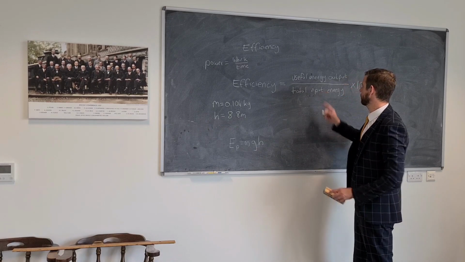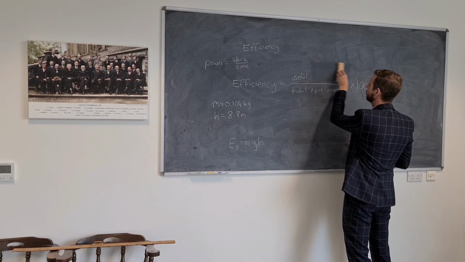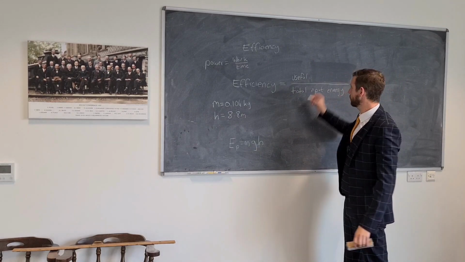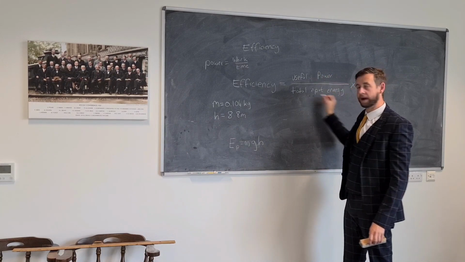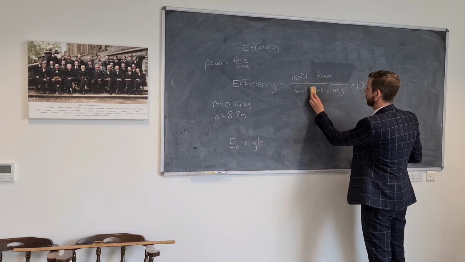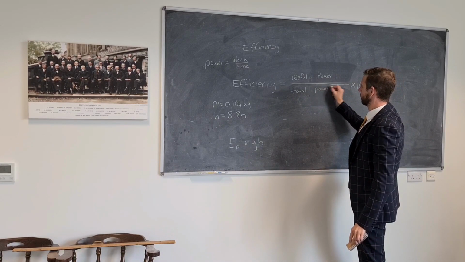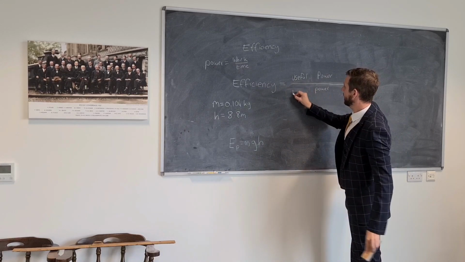So this is the useful power. So this is the power, this is the work done in a useful way. So it's the useful power divided by the total power. Or, if you don't like that, we could say the input power.